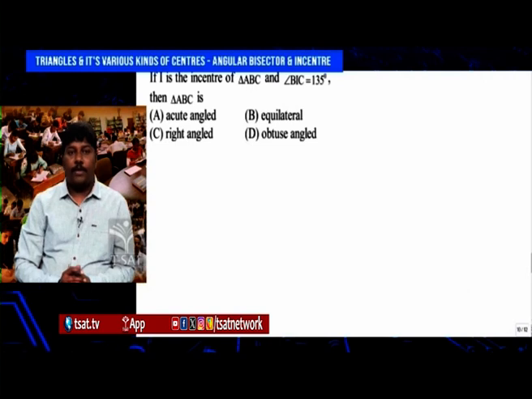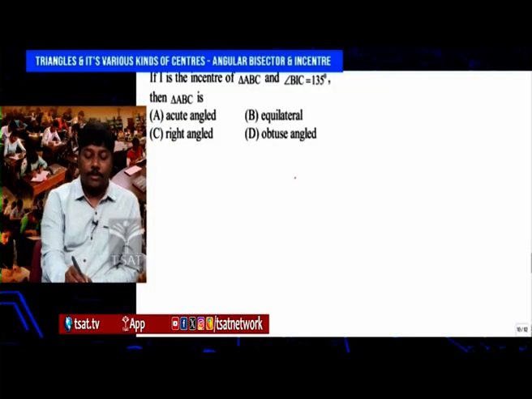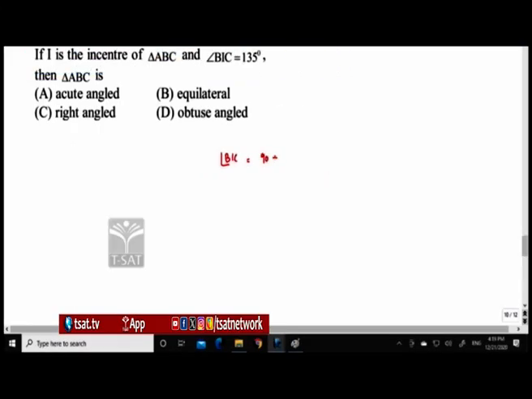Look at here. If I is the incenter of triangle ABC and BIC is 135 degrees, then triangle ABC is what kind of triangle, he is asking you. In order to say which kind of triangle ABC is, you need to find out angle A here. Now, BIC is an angle formed by two internal bisectors. So, we know angle BIC is equal to 90 plus A/2. So, A/2 plus 90 is equal to 135.